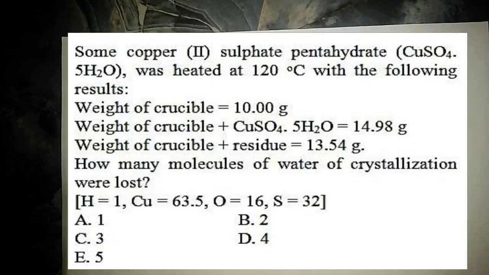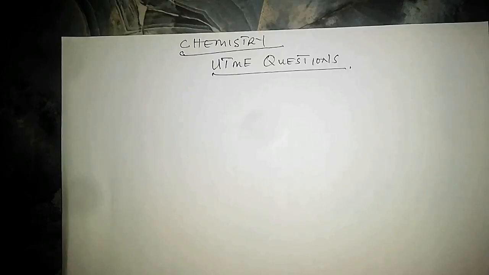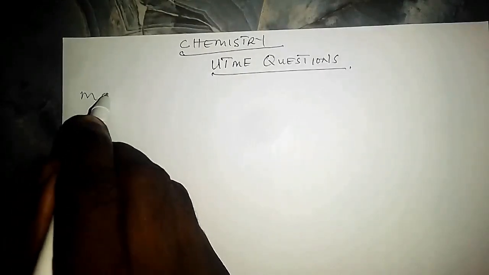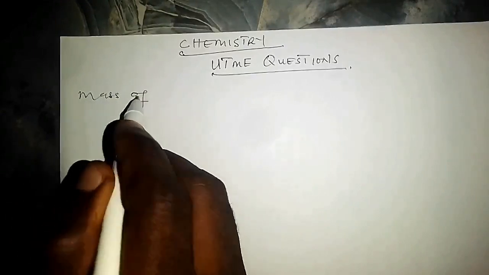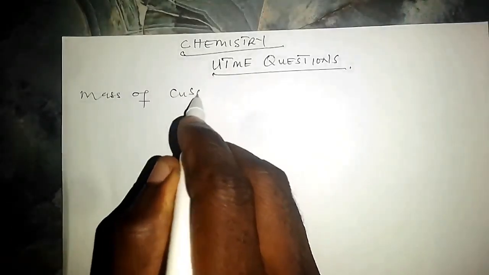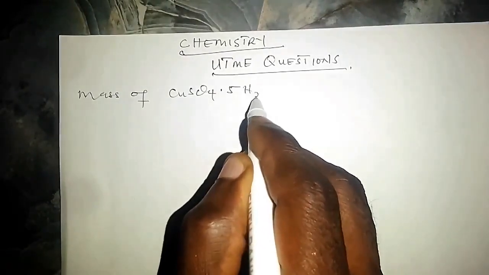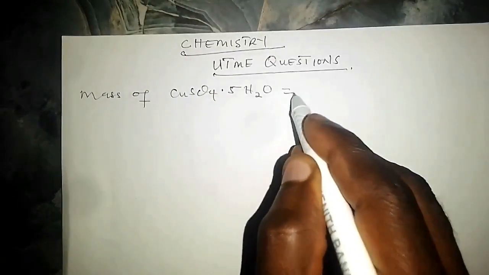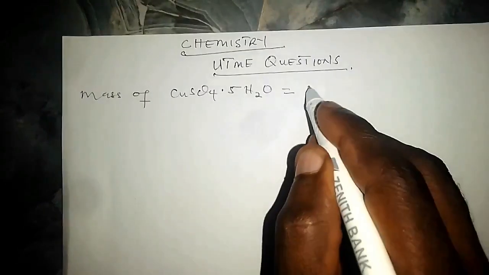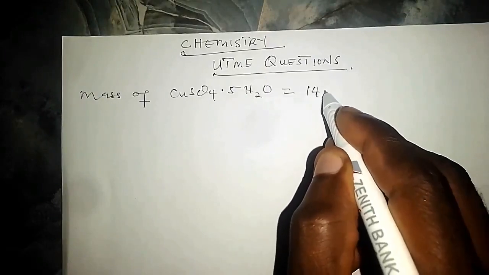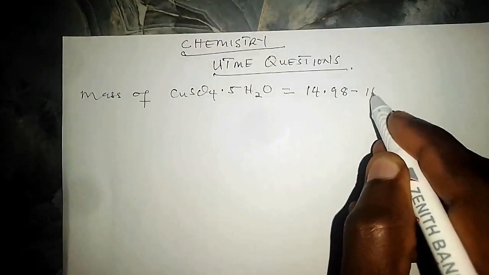First of all, you need to write down the mass of copper(II) sulfate pentahydrate, which is equal to 14.98 minus 10.